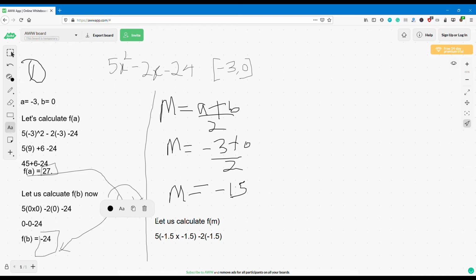Let's multiply it. 5 times 2.25 is 11.25. There's no minus here because minus has cancelled minus. Plus 2 times 1.5 is going to be 3, minus 24. So let's calculate that. It's going to give us fm equal to what?